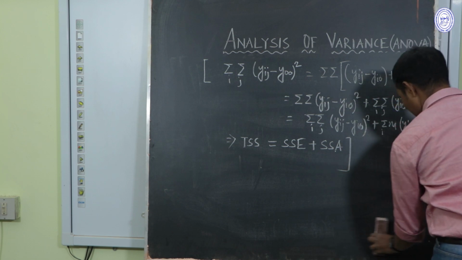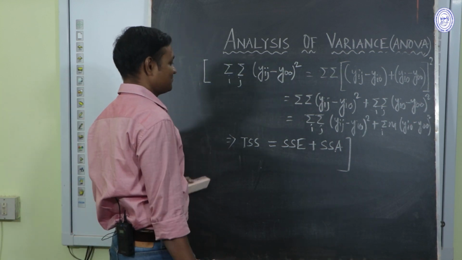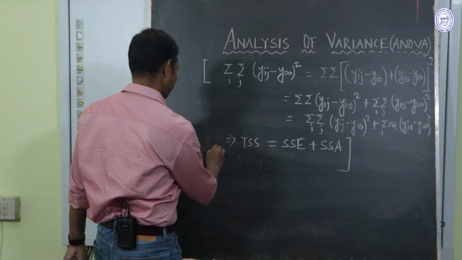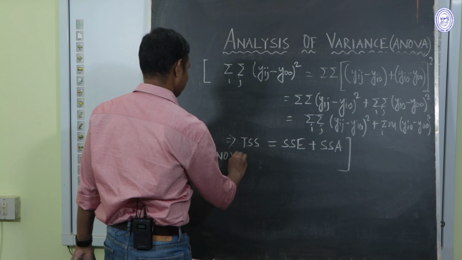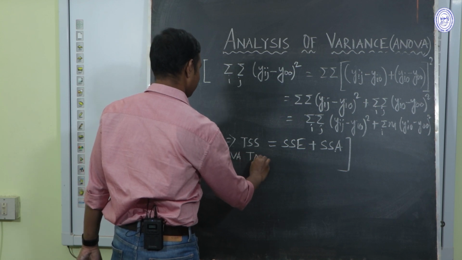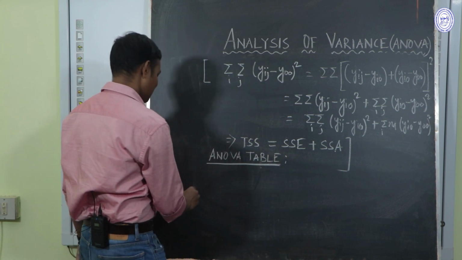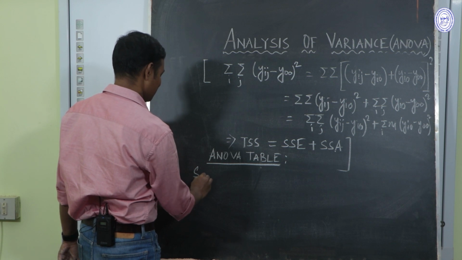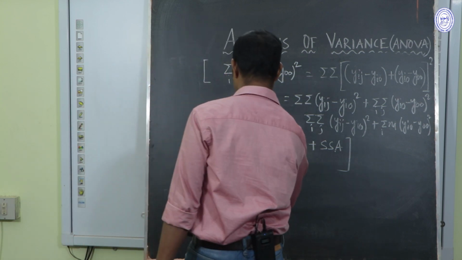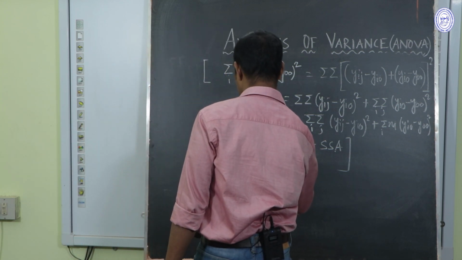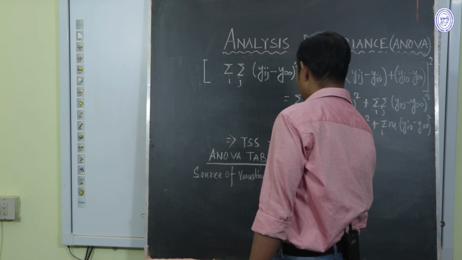Now, the ANOVA table is: first column source of variation, short form SV. Next, degrees of freedom.